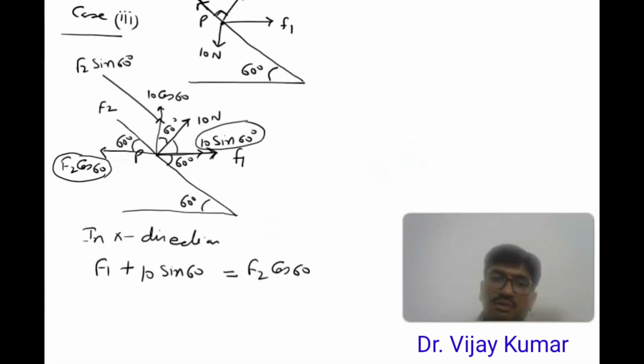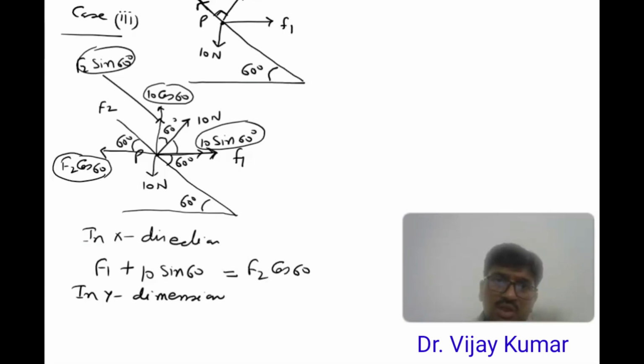Similarly, we can see the y dimension. In the y dimension, there is a force in the downward direction, 10 Newton, and in the y dimension the first is 10 sin 60, the second is F2 sin 60.